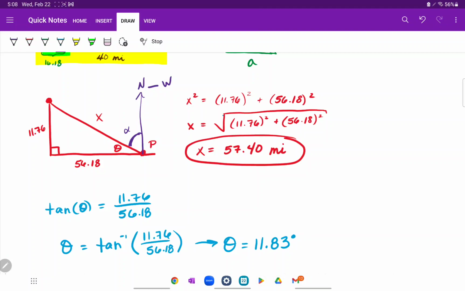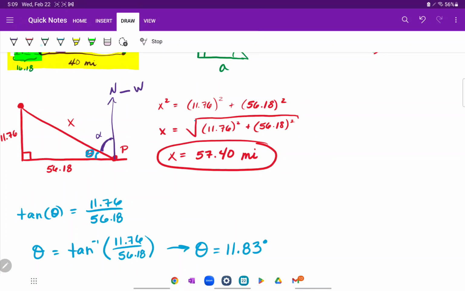But remember, that's not the number that we want for our bearing, because that's our angle here, theta, that's inside the triangle. And what we need is that angle outside. We need the complement. That complement's going to be 78.18. So our bearing will be north 78.18 degrees to the west.